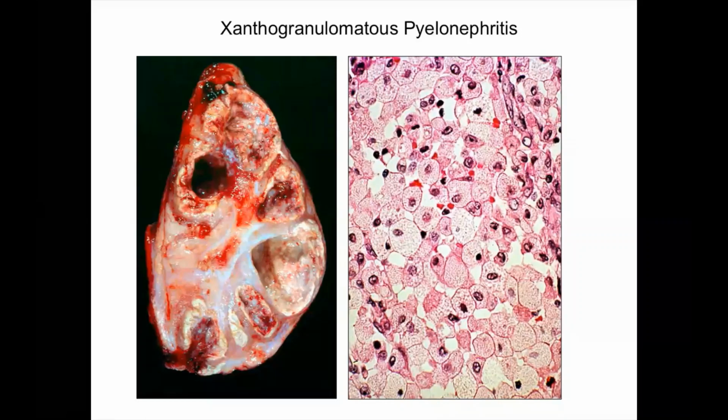If you see foamy cells predominantly with few granulomas, this is easy. It's called xanthogranulomatous nephritis. But if the foamy component is small and the granulomas are more and they might have necrosis, you might be worried that you're dealing with tuberculosis.